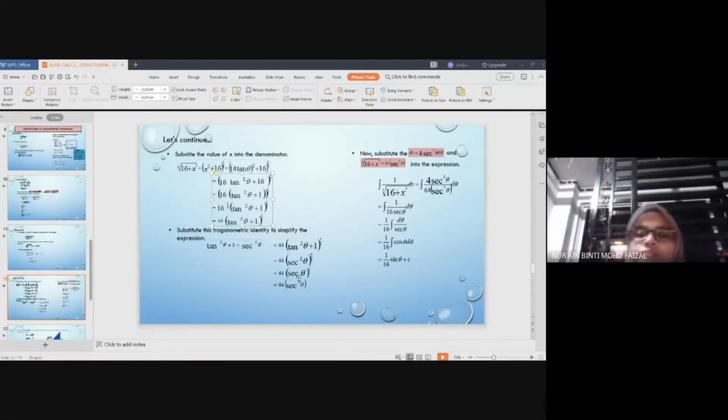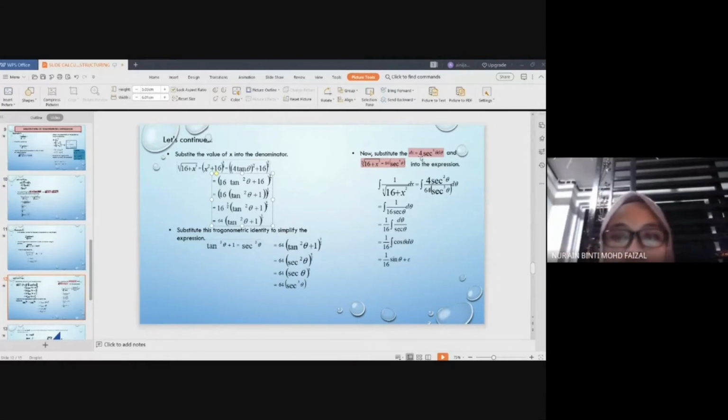Okay, then you substitute the value of dx, which is secant squared theta d theta, and the denominator, 16 plus x squared to the power of 3 over 2, which equals 64 times secant cubed theta, into the expression.